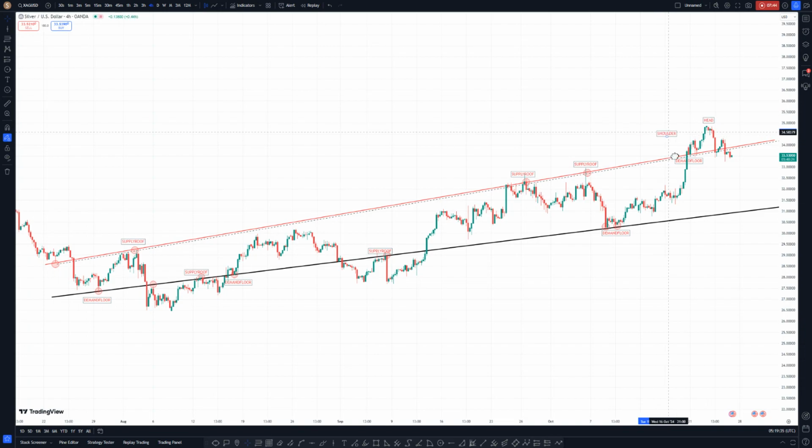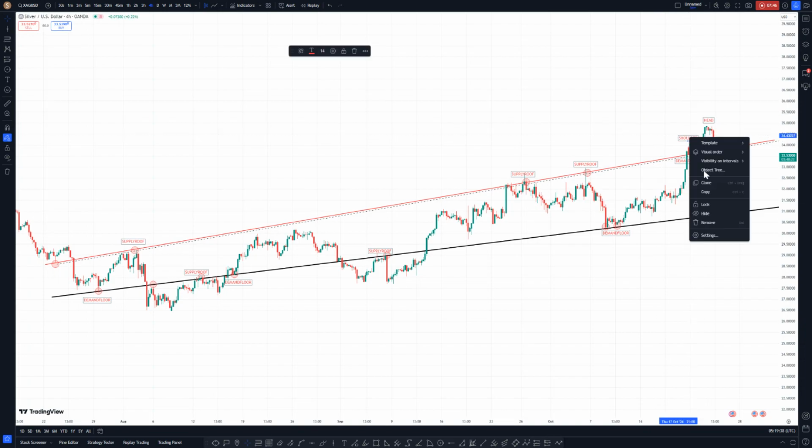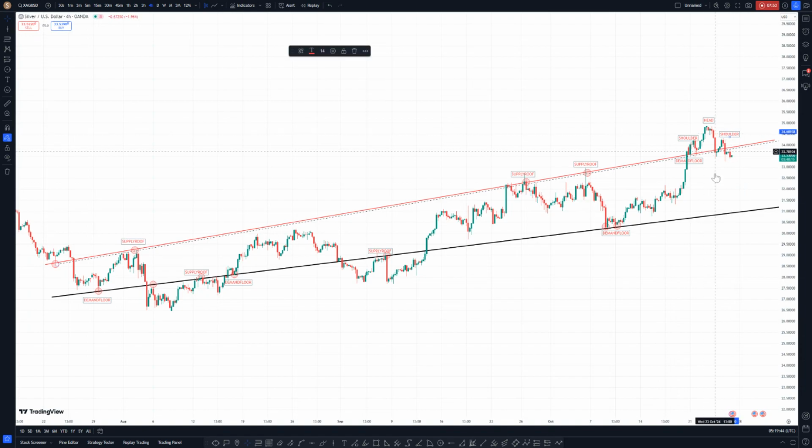So this is our left shoulder and this is our right shoulder. And this is the neckline. Price broke the neckline on Thursday, yesterday. The neckline was broken and came retest on Friday. Ladies and gentlemen, silver is going down. It is based on structure.